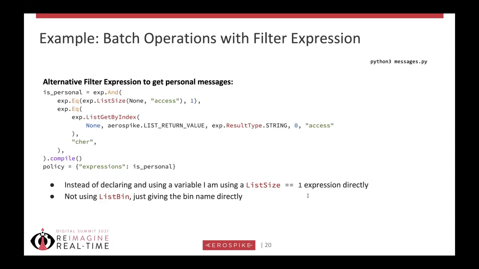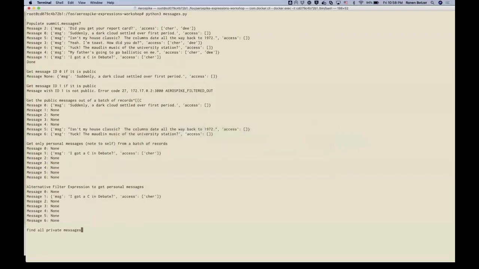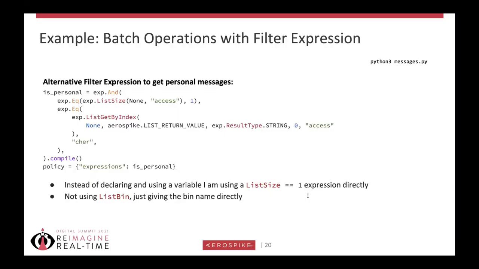And we're going to check in this expression whether the list size is 1 and whether the index 0 in this list is the username Cher. That just makes it more concise, and there's no real reason to use a let here. So we're going to run this, and we got what we thought we were going to get.